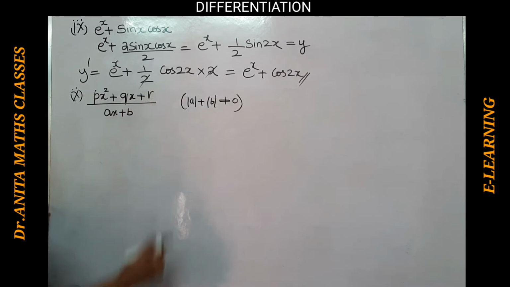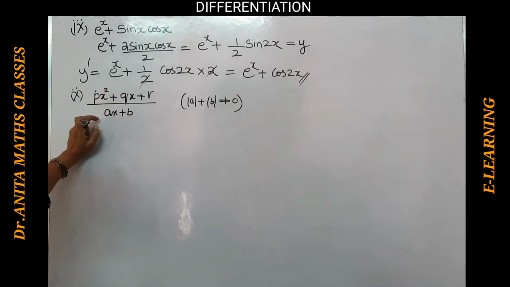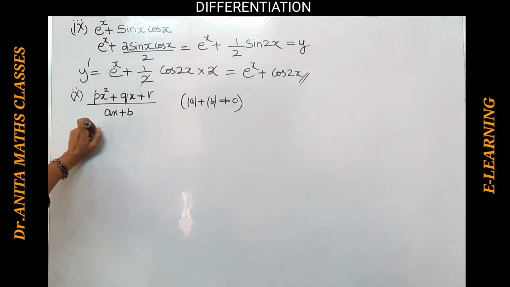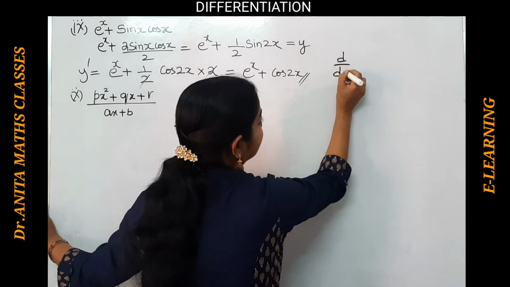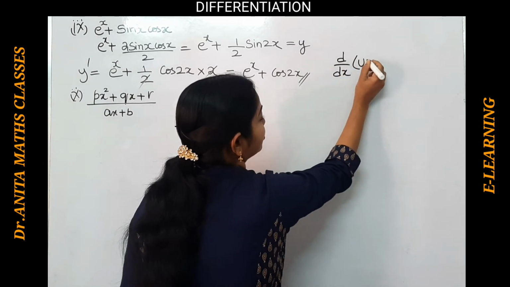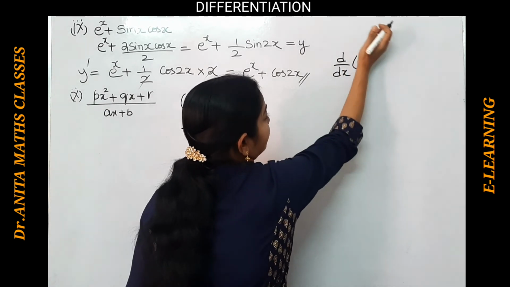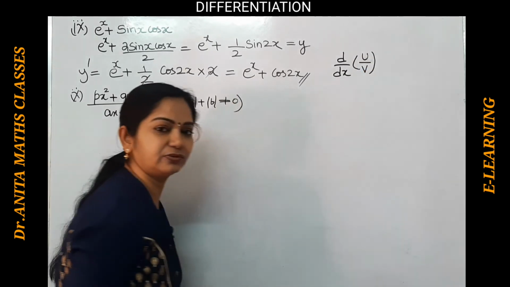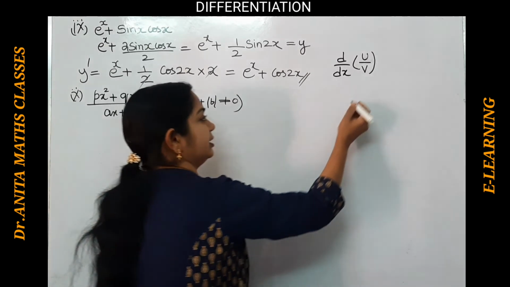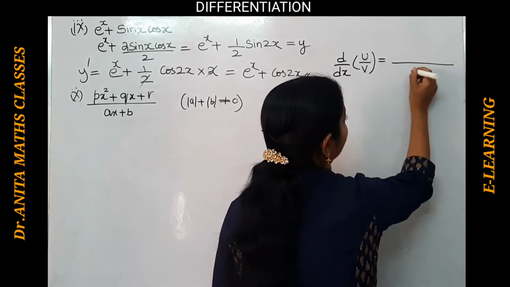These two are in the form of a quotient, so we have to apply the quotient rule, d by dx of u by v. So let us first revise our d by dx of u by v. So simply you can write it as, now how do we write this?